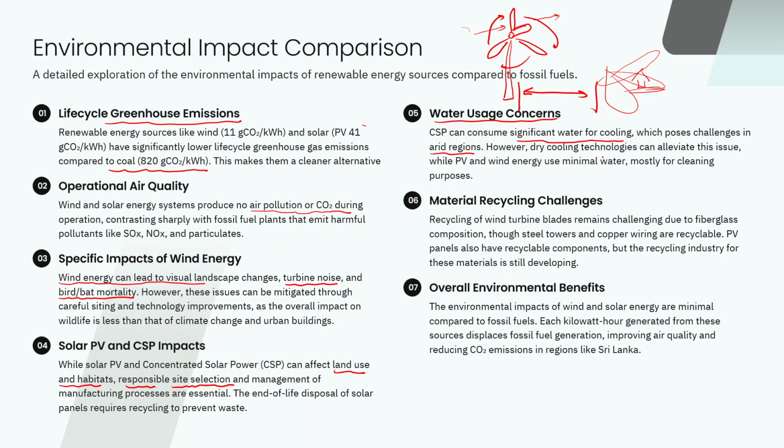But there are different technologies available, like dry cooling, as an alternative to these issues. Whereas PV and wind energy use minimal water, mostly for cleaning purposes. So you don't need much water, and you can even put them sometimes in deserts, right?